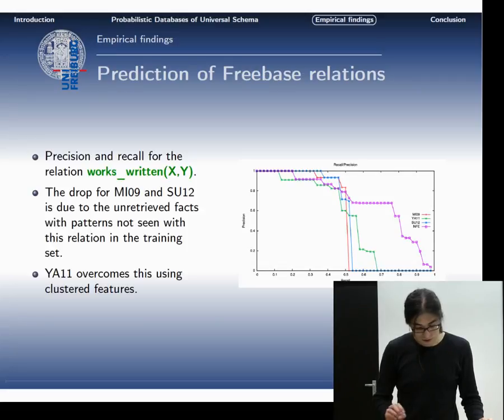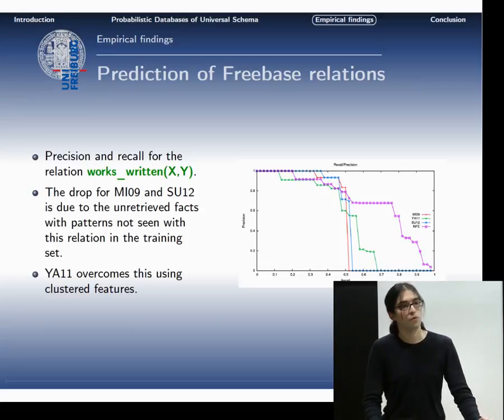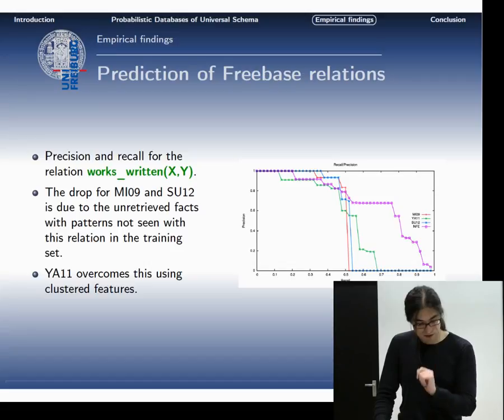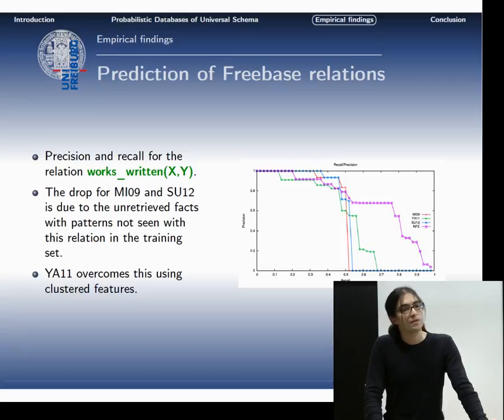Here we see again a comparison for only one relation in the knowledge base, and we can see that, it says so right there, the 2 distantly supervised classifiers have a significant loss of performance at around 50% level of recall, simply because beyond this point they were not able to incorporate the non-observed information in the test set to improve the estimations, so to improve the classifications for the overall database.